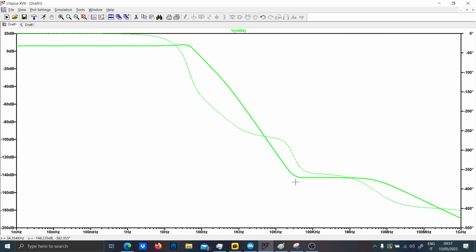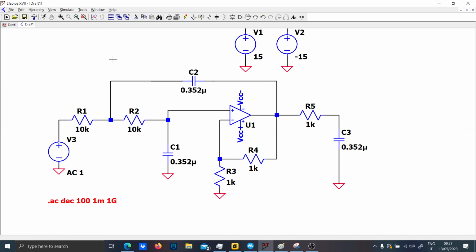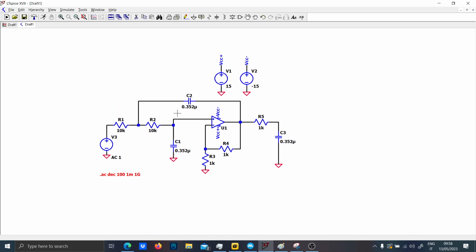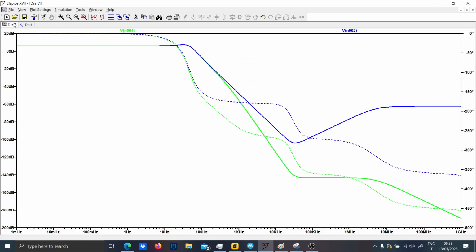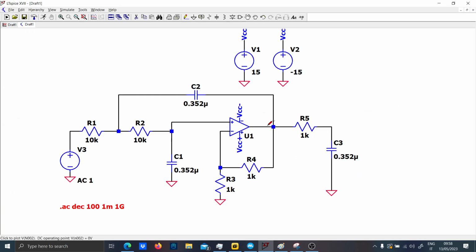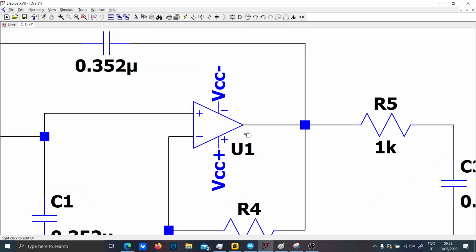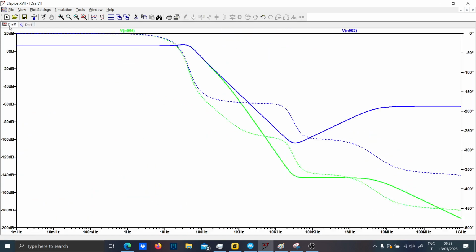Now you may wonder why it is going on like this. Well, the fact is that there are also some non-idealities in this circuit here, and so you should also take that into account. This is the second order cell, and the problem with this kind of filters is also the response of the op-amp.